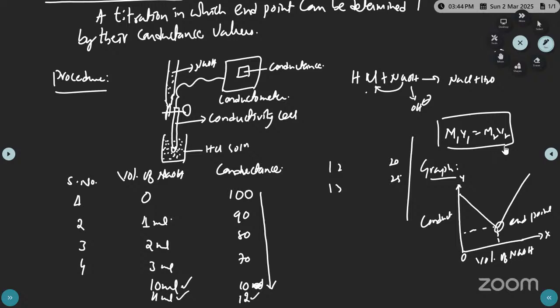On EMF, we did some problems. And the next topic, the Nernst equation, and some problems on the Nernst equation. And then potentiometric titrations and conductometric titrations. So these are the topics covered in today's session.